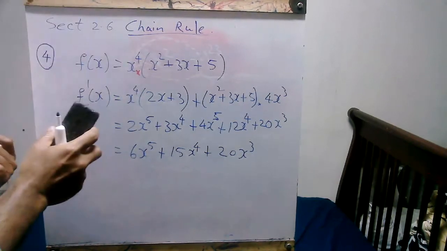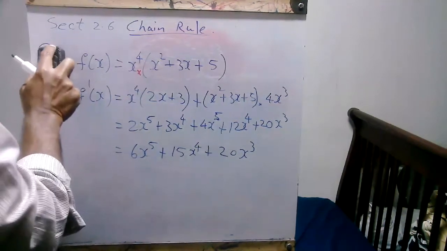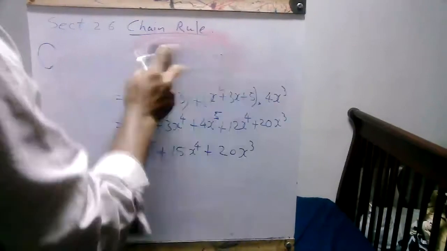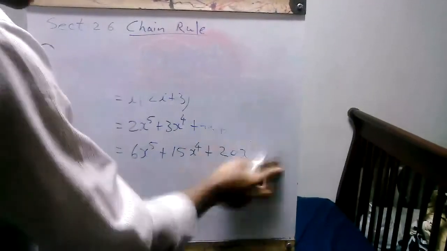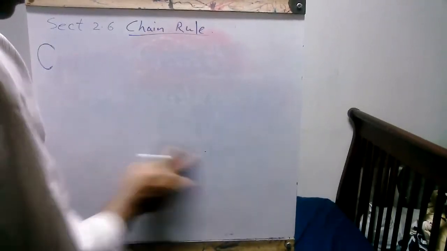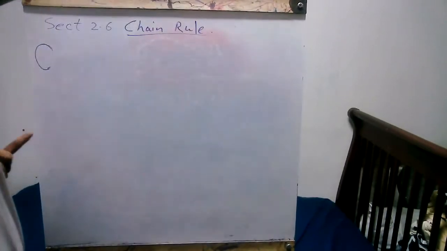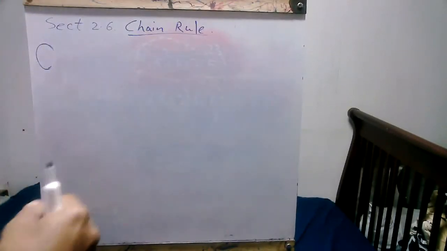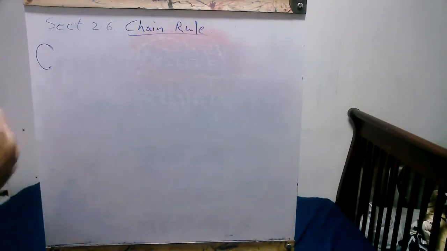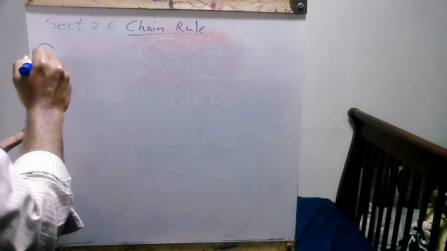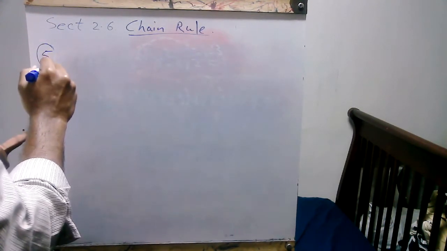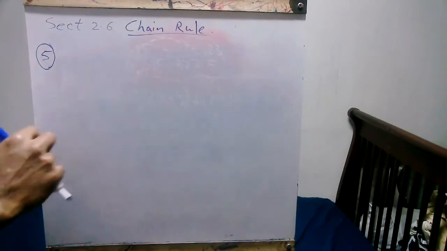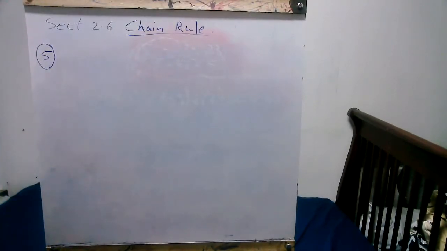Okay, let's do another question. Let's do something different. Now I believe you guys are familiar with these rules. Let's do a different question where we apply this concept of derivative.